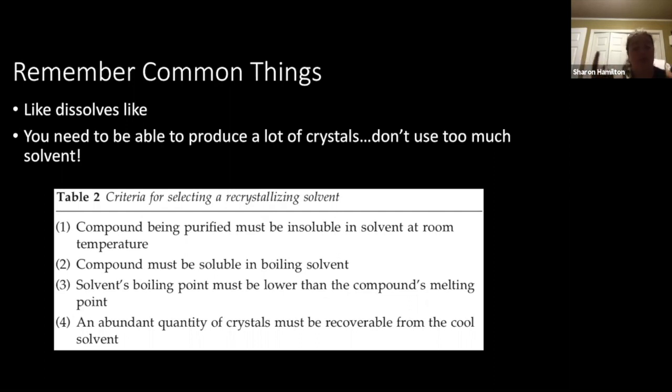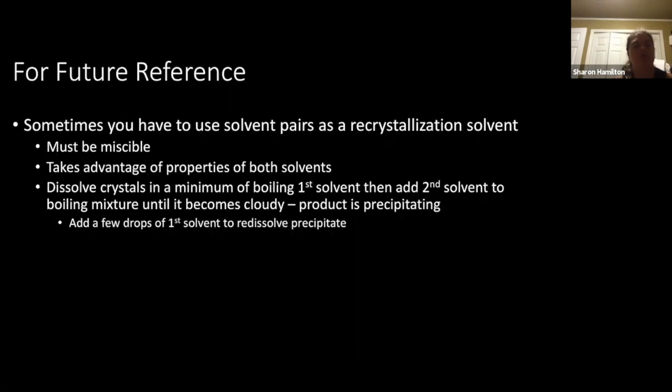Remember, the compound being purified has to be insoluble in the solvent at room temperature. The compound must be soluble in the boiling solvent. The solvent's boiling point must be lower than the compound's melting point, and an abundant quantity of crystals must be recoverable. All the things that we had just highlighted, but succinctly put in a nice table in your lab book.